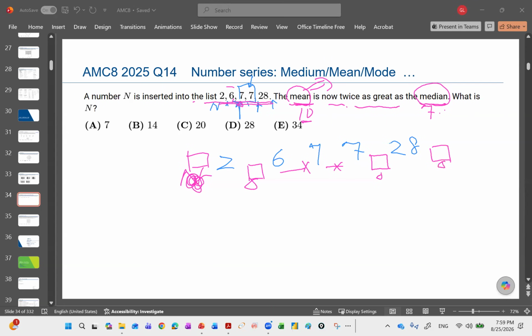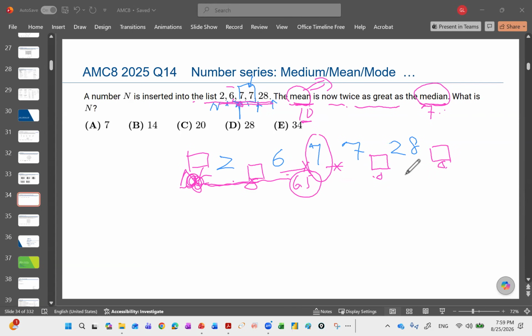Because if you insert a smaller number here, the middle number is still 7, right? So with 1, 2, 3 numbers inserted here, the median number is 6.5. So even smaller. So it looks like you have to insert somewhere here, right?